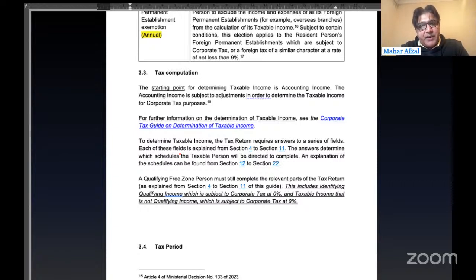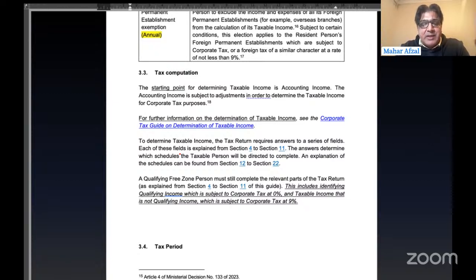The bases are different, accounting standards are different, and provisions of the law are different. Wherever there is a difference between the provisions of the law and the accounting standards, we need to make an adjustment, because the profit and loss is prepared by applying IFRS, but the tax return is prepared by applying the provisions of the tax law.